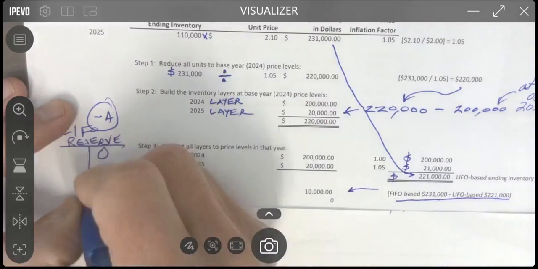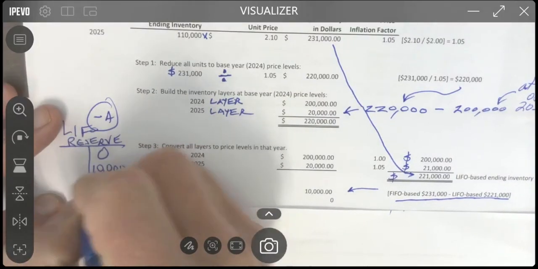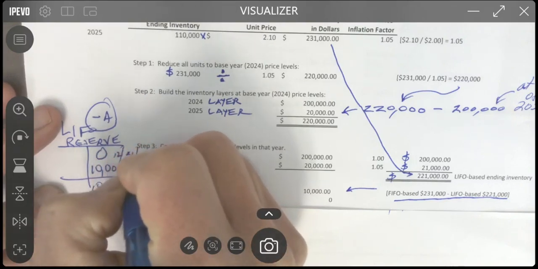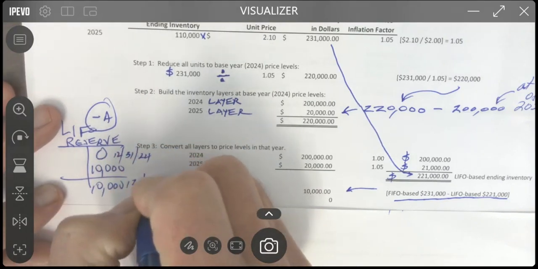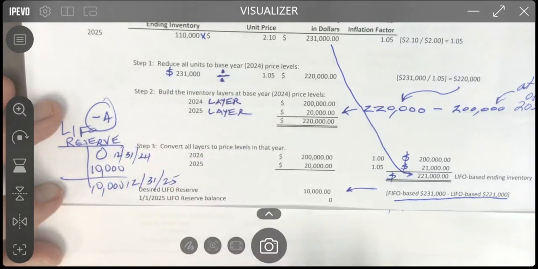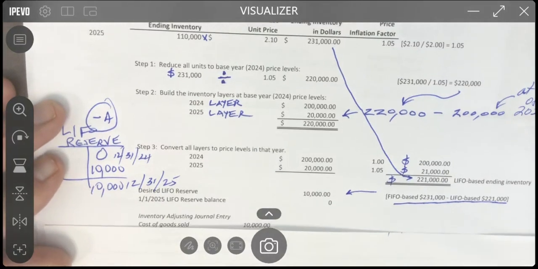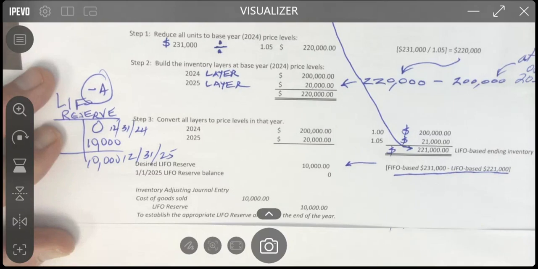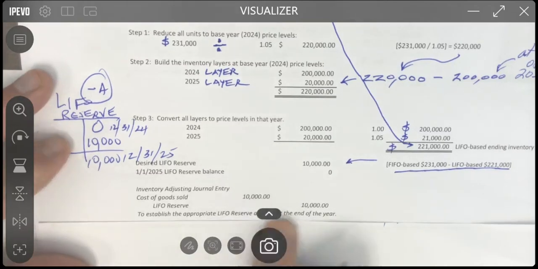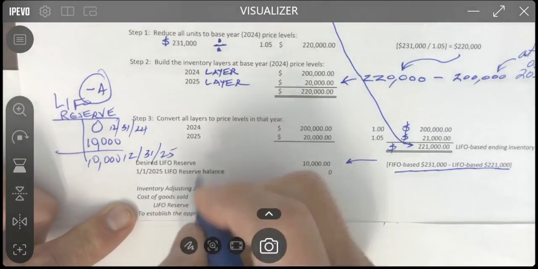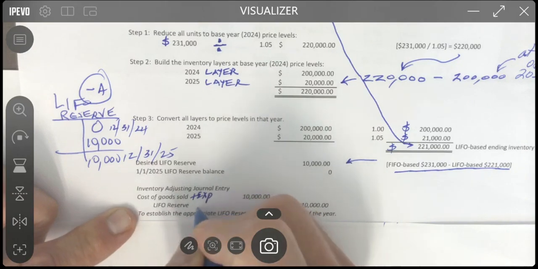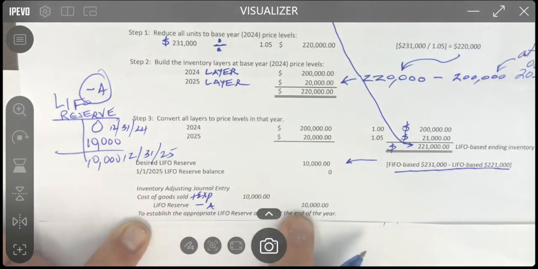So to get it to 10,000, we're going to credit it for 10,000. And remember, when we credit the LIFO reserve, we debit cost of goods sold: plus expense, minus asset, plus a contra asset, however you want to put that.